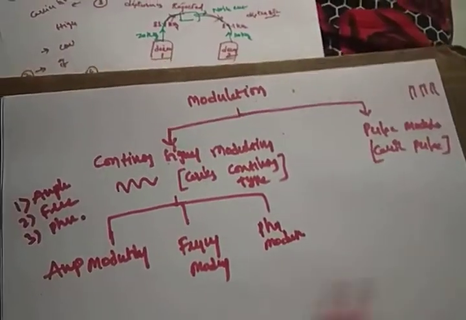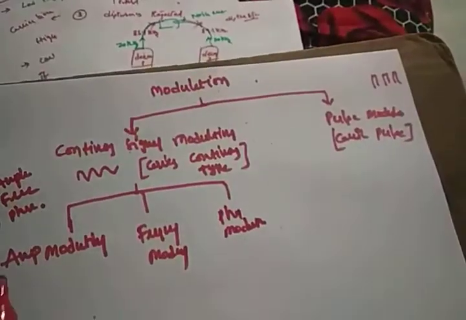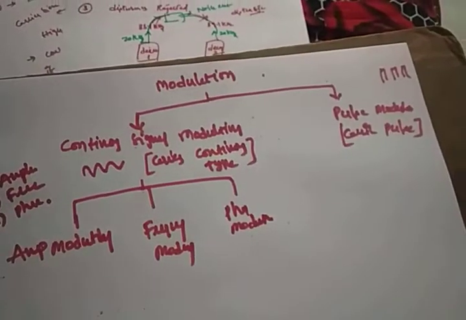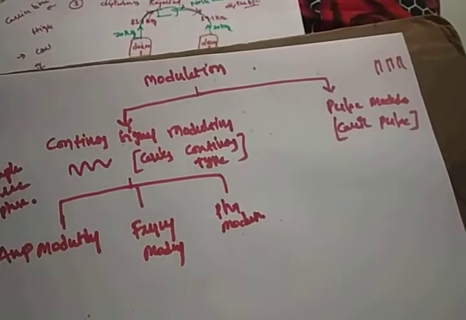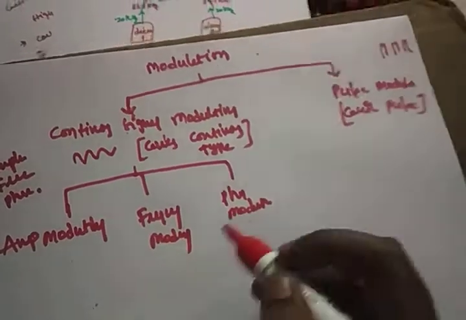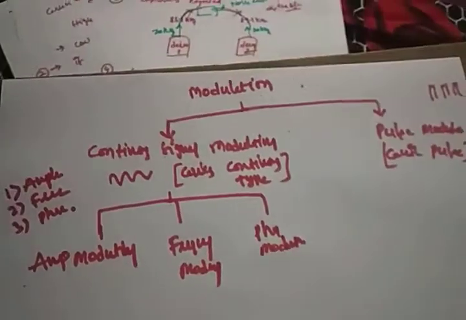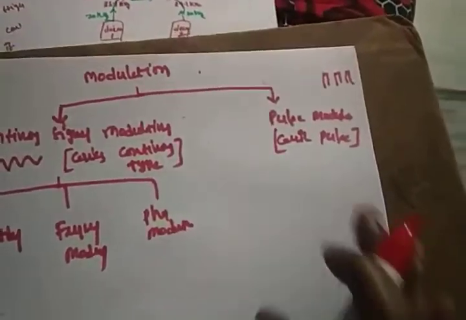So the continuous type has three components: the amplitude, the phase difference, and the frequency. With this, the modulations are categorized as amplitude modulation, frequency modulation, and phase modulation. Alright. Pulse modulation is basically categorized into two types.